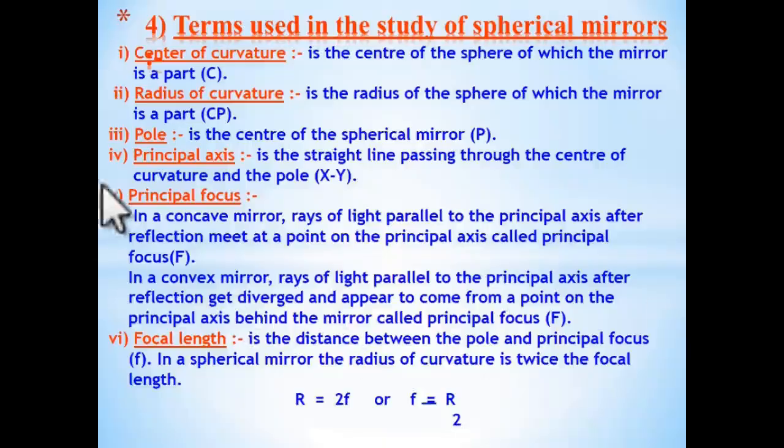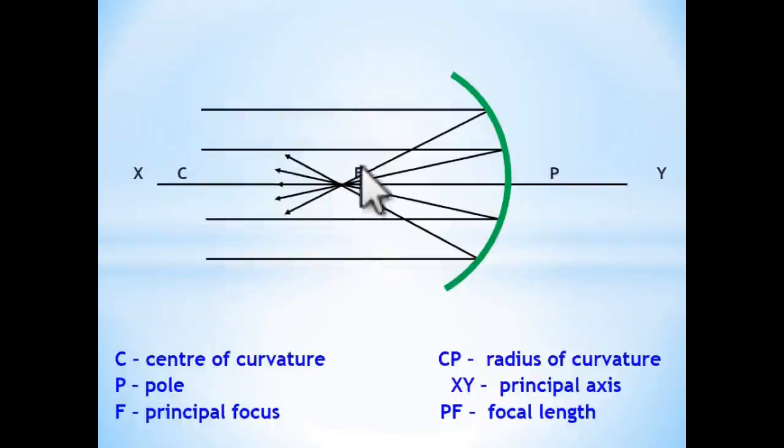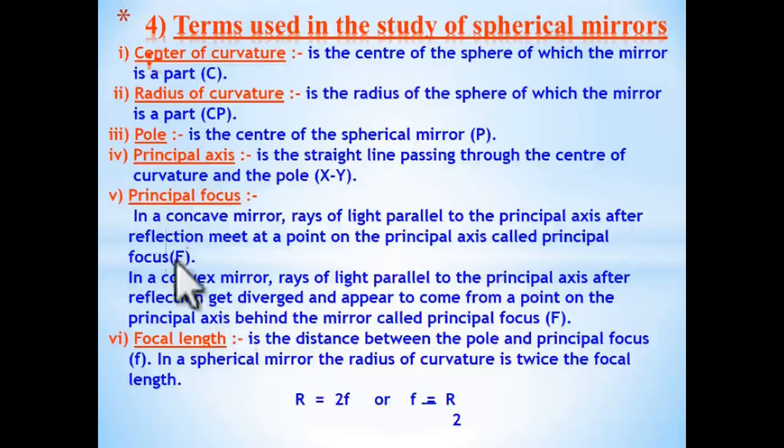Now, principal focus. This point is called the principal focus. So what is principal focus? In a concave mirror, rays of light parallel to the principal axis after reflection meet at a point on the principal axis called the principal focus.